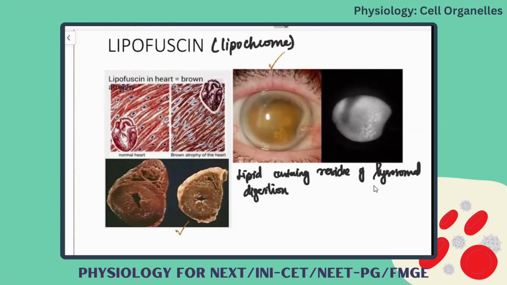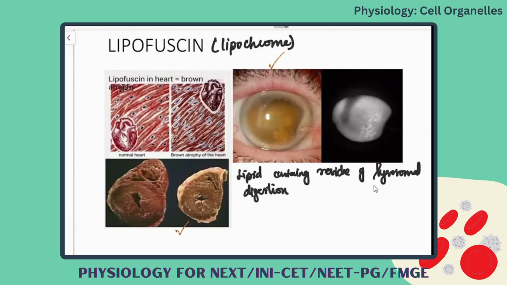Those enzymes are involved in the digestive mechanism of the cell's own components. If the lysosomes get ruptured, by mistake or by any abnormal condition, lysosomal rupture inside the cell will digest our own cell.